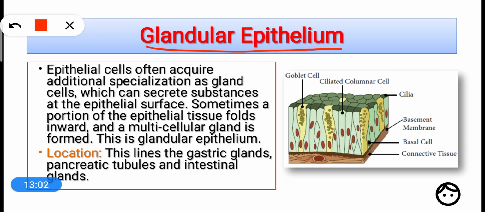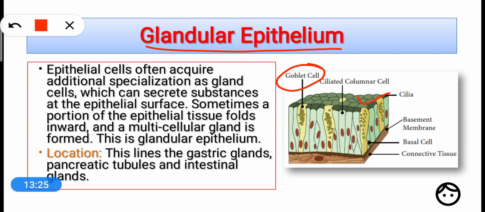Here you can see this is actually the internal lining, that is columnar epithelium, inside the stomach or inside the intestine, right? But here you can see in between these there are certain goblet cells. These are the glandular epithelial cells because each cell works as a gland and releases mucus.